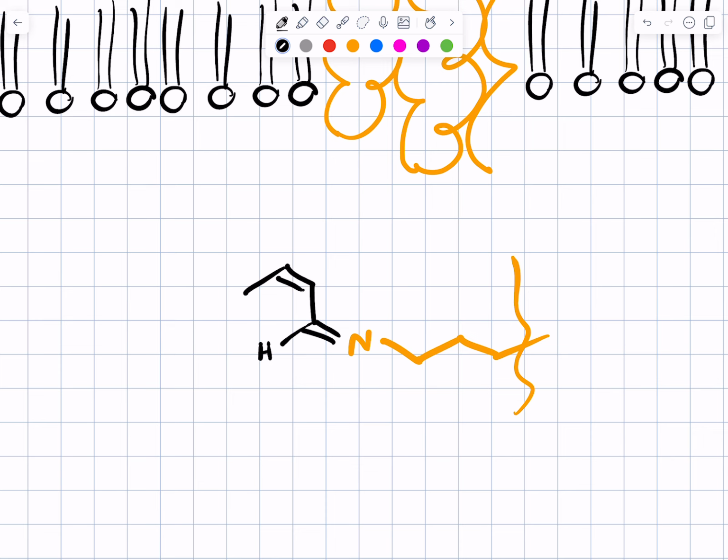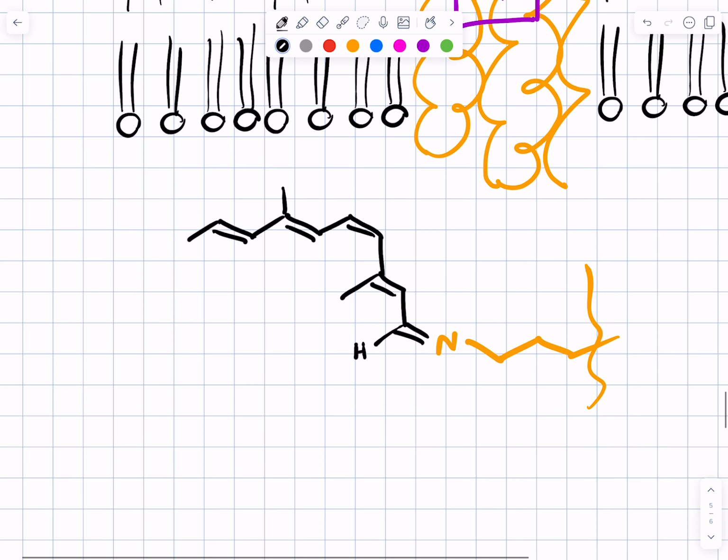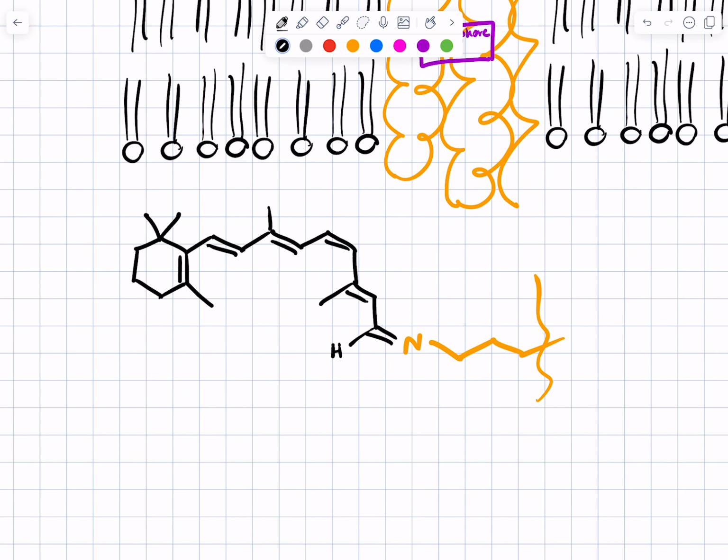There are like 11 double bonds adjacent to each other. This molecule is called retinal, and you make it from vitamin A.